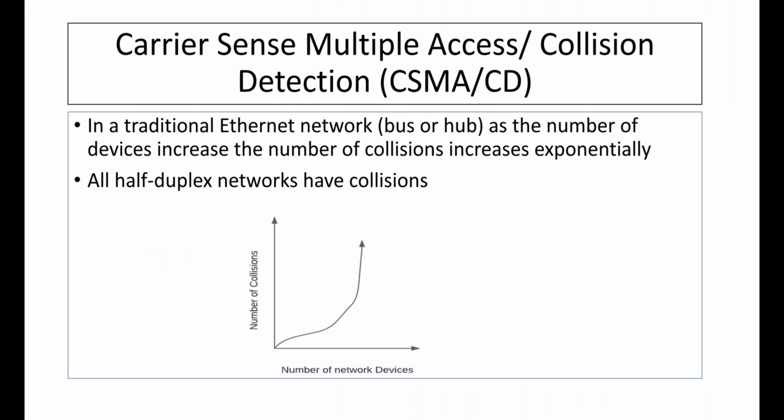In our traditional Ethernet, remember we were on a bus network or with the hub, and everything was half duplex. So with this half duplex network, the more devices we added to our network, the greater the number of collisions, and it rose quite dramatically.